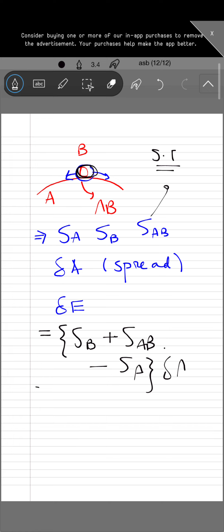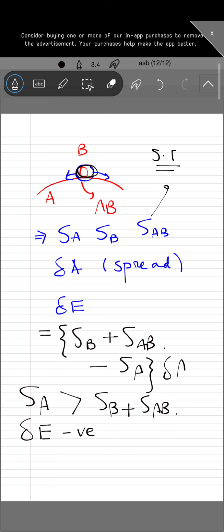Now, if the surface tension of A is greater than the surface tension of B plus the surface tension of the interface region, then dE will be negative.